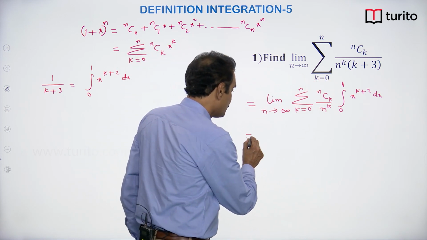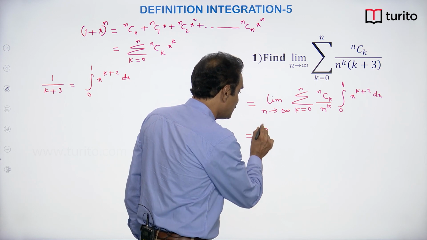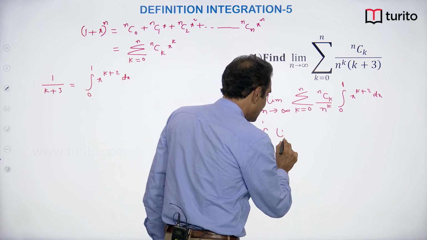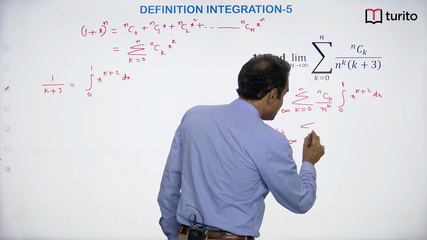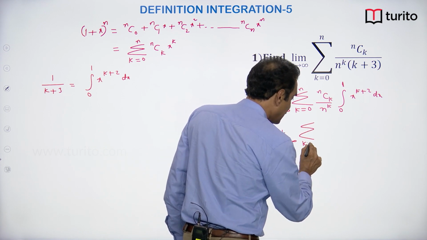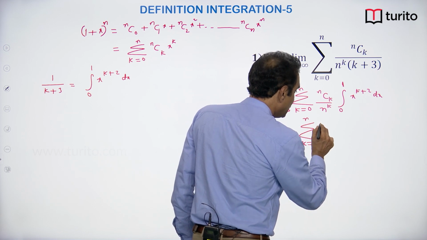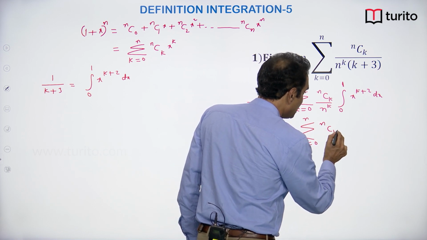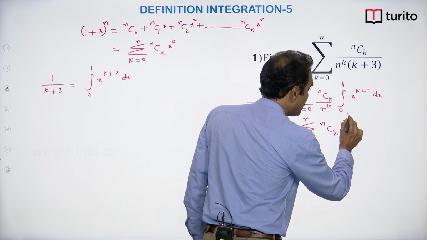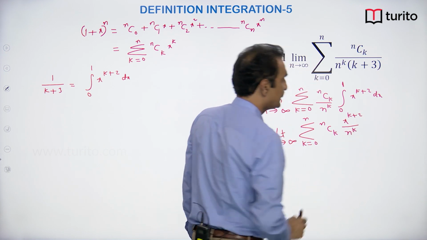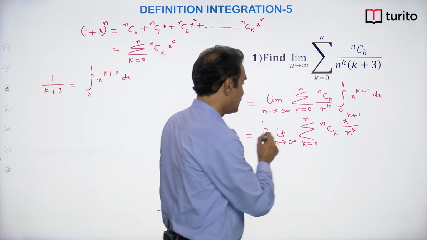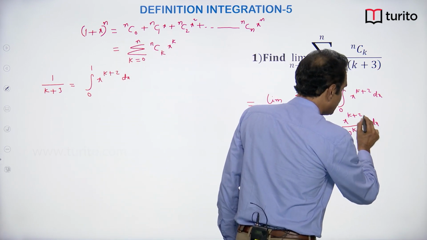It is equal to integral 0 to 1, limit n tends to infinity, sigma k varies from 0 to n, nCk into x power k plus 2 by n power k dx, because integral is there, we have to write dx.